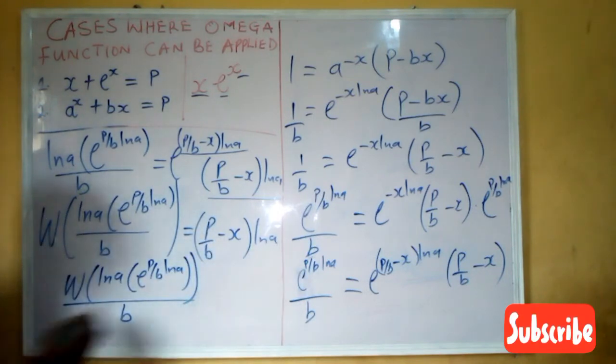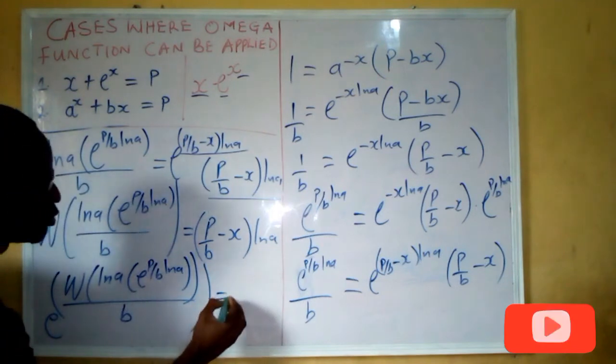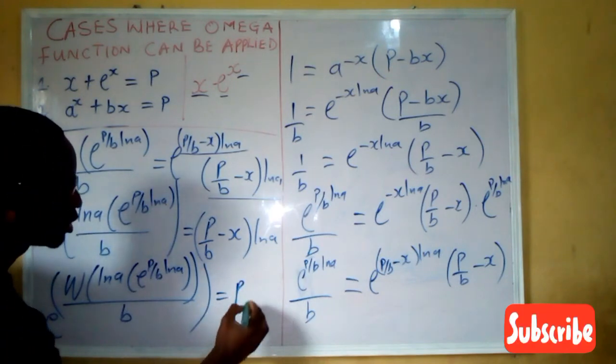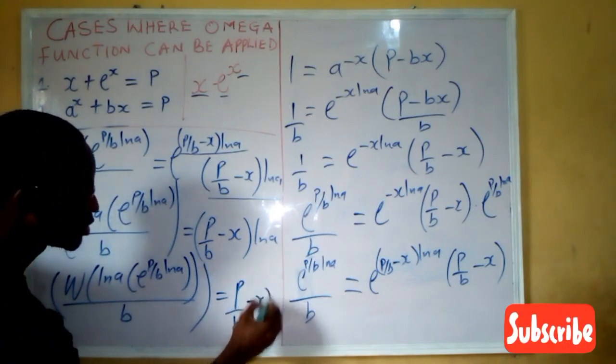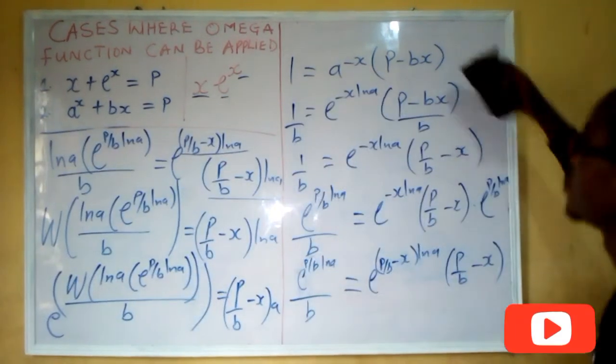Don't forget, I'm taking the exponential on both sides, so this will be raised to power of e, all equals p all over b minus x multiplied by ln a.